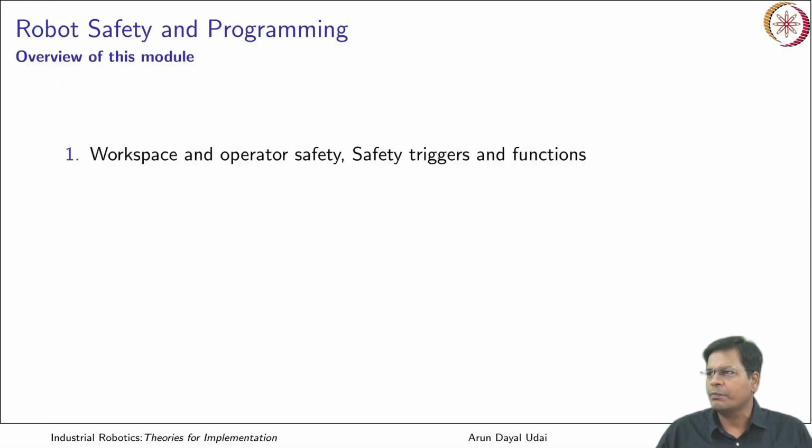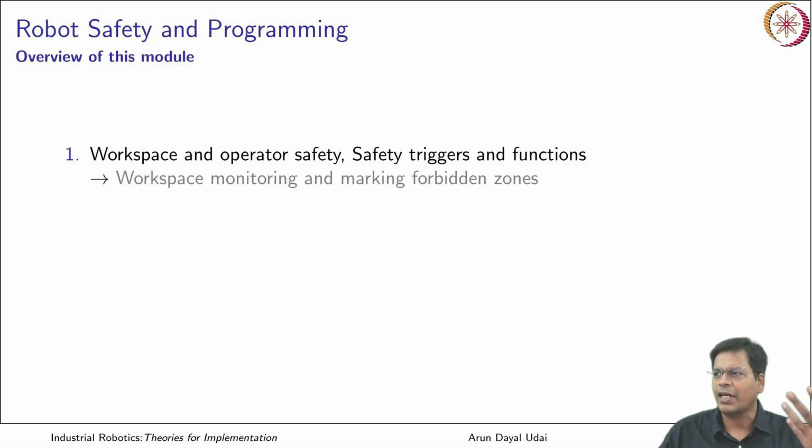Okay, so let me just brief you about the overview of this module, what all things that we are going to cover in this module. So we'll be talking about workspace and operator safety, safety triggers and functions, workspace monitoring and marking forbidden zones, that we have seen earlier also in one of the modules when we restricted the joint axis to move to certain angles only, where you can exclude one of the workspace from the robot getting in.